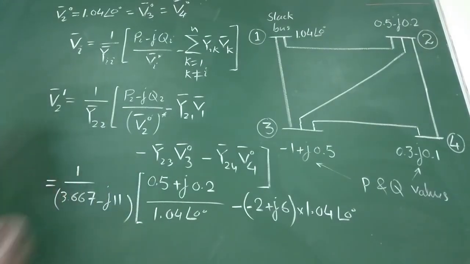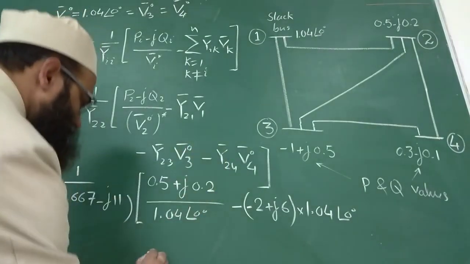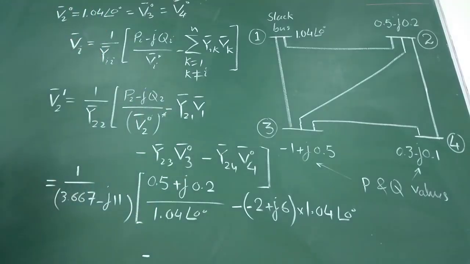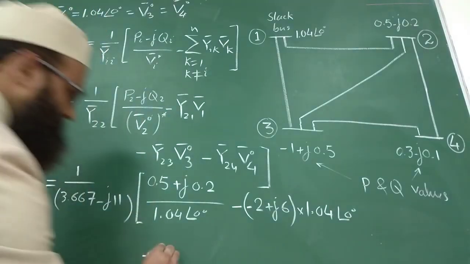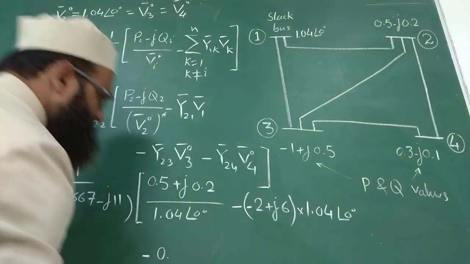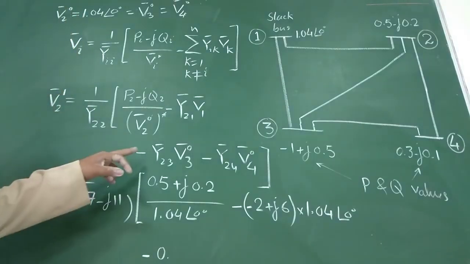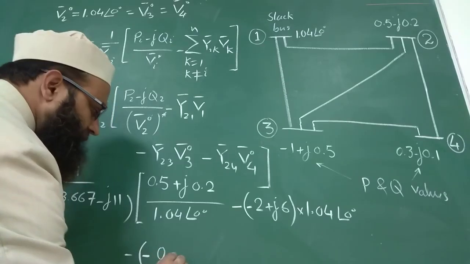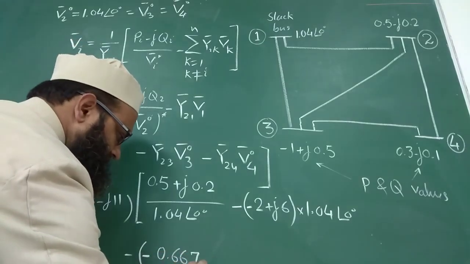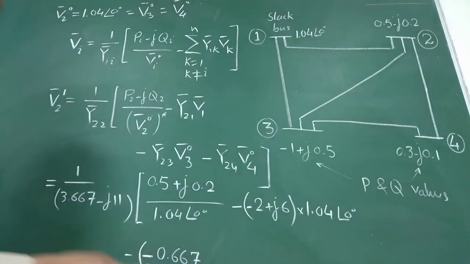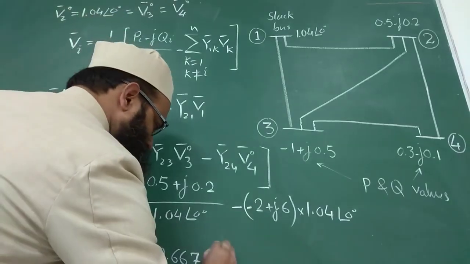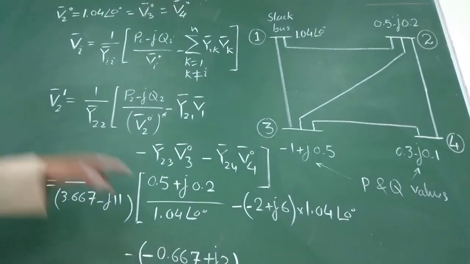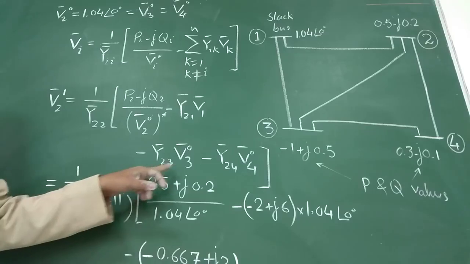Write for Y23. Tell me the value of Y23. I am writing here minus Y23. It is minus or plus? Minus 0.667. Okay, so write in bracket minus 0.667 plus J2. So this is the value of Y23.